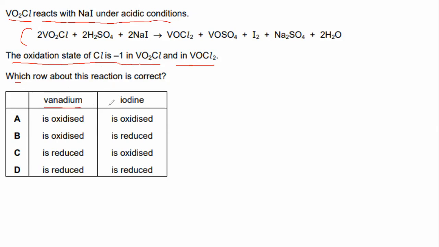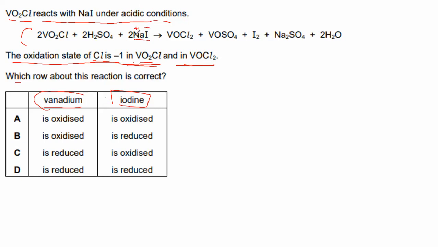Vanadium and iodine: which one is oxidized and which one is reduced? In all scenarios, Cl is -1, in VO2Cl and VOCl2. So guys, if you noticed here, Na is +1, I is -1.